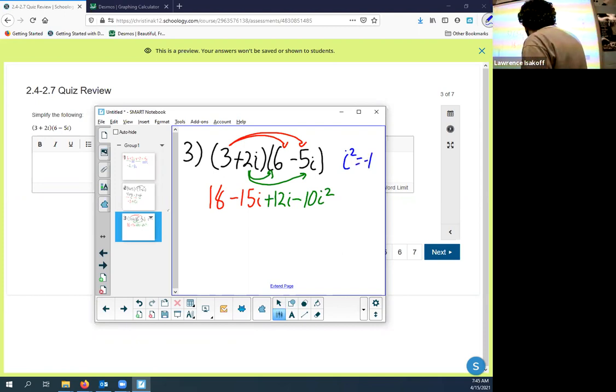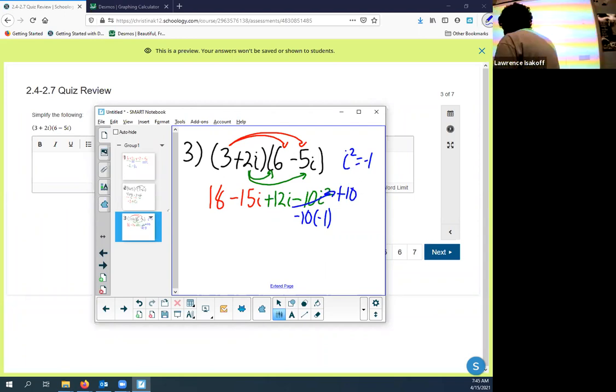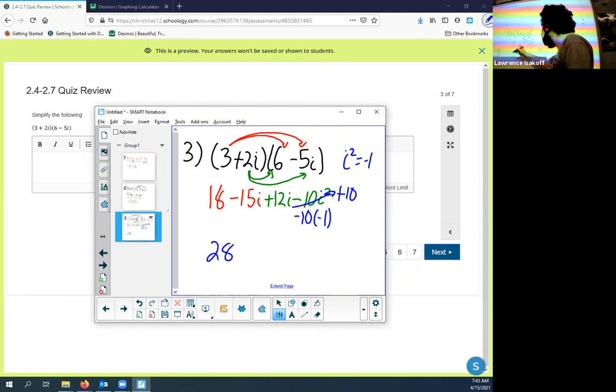So this is actually negative 10 times negative 1. So this actually becomes a plus 10. 18 plus 10 is 28. Negative 15 plus 12 is negative 3i.